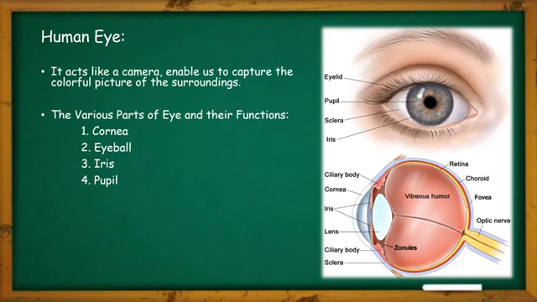Then the next part of our eye is the crystalline eye lens, or you can simply say the eye lens, which is the convex lens present in our eye. It provides the focused, real and inverted image of the object on the retina.